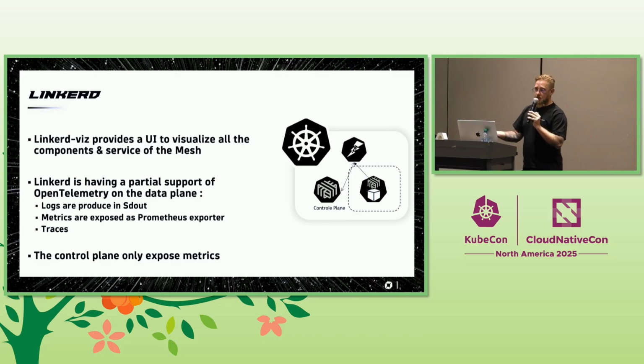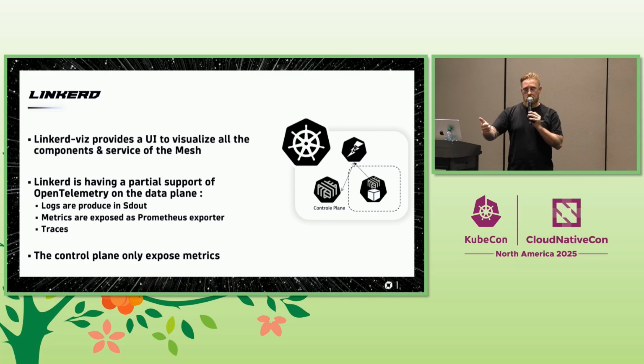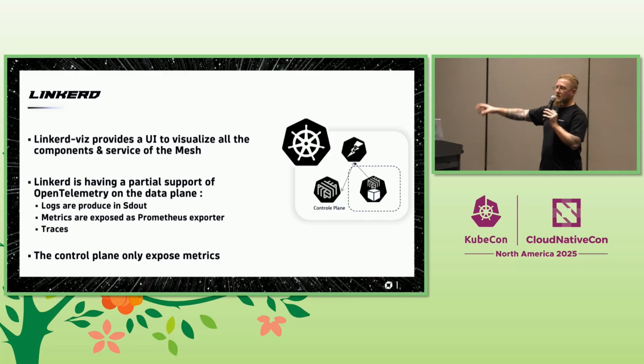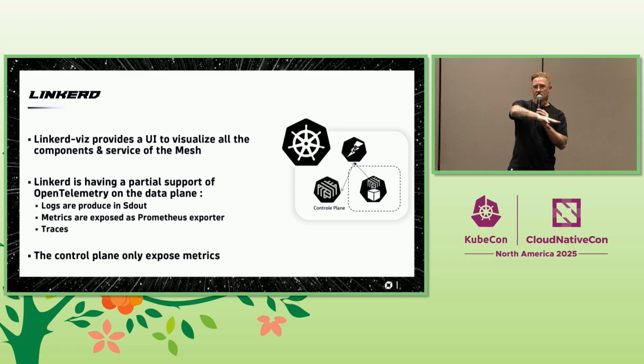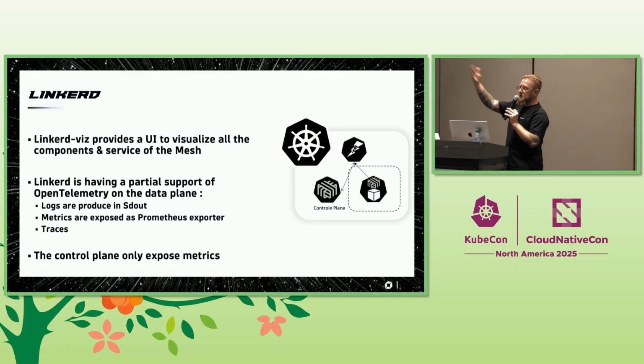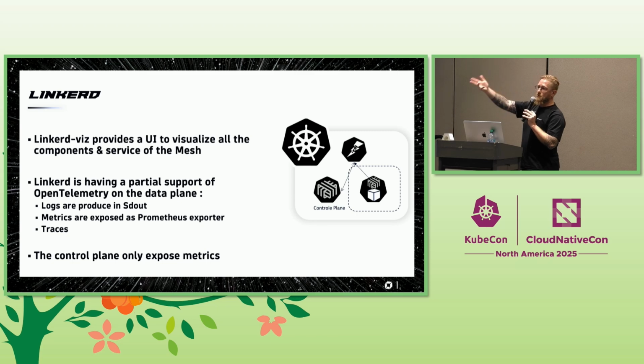But the rest, the metrics and the logs on your proxies, are still in stdout, and the metrics are still in Prometheus. So one part will be on the collector, and the other part will be through scraping or collecting with log agents. And on the control plane, similar to the others, they emit metrics in Prometheus format. You will have to scrape those to get the health of the control plane.